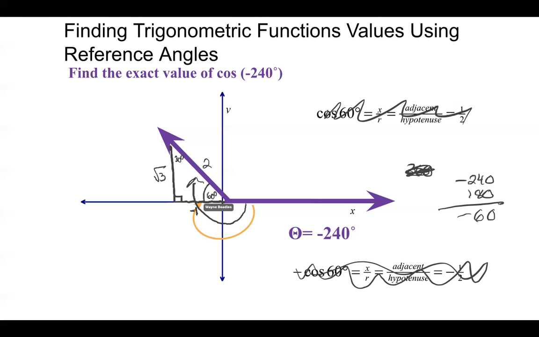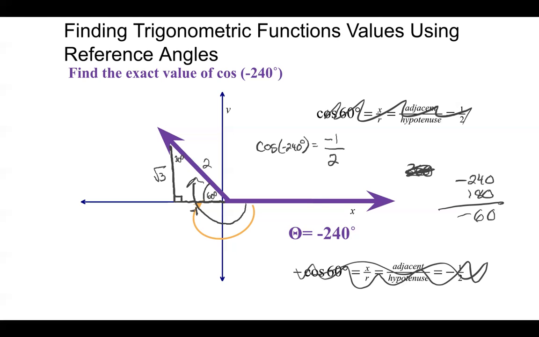So when we go and try to figure out what cosine of negative 240 is, what we need to do is go opposite, which is, what is that opposite? Oh, cosine, I mean, it's adjacent, so -1 over hypotenuse 2. Remember, hypotenuse is always positive.